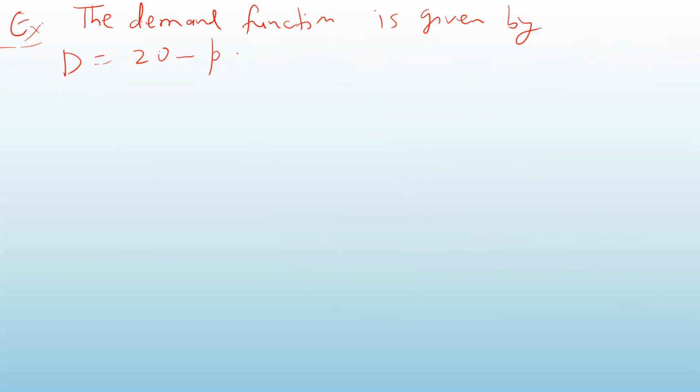So the demand function is given by D equal to 20 minus P minus P square, where you know that D is the demand and P is the price.